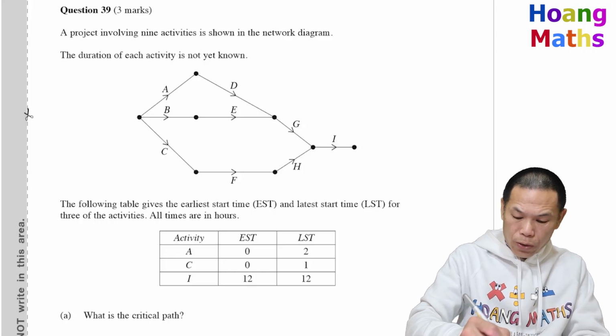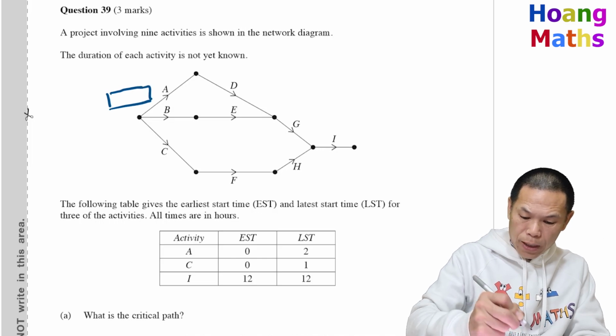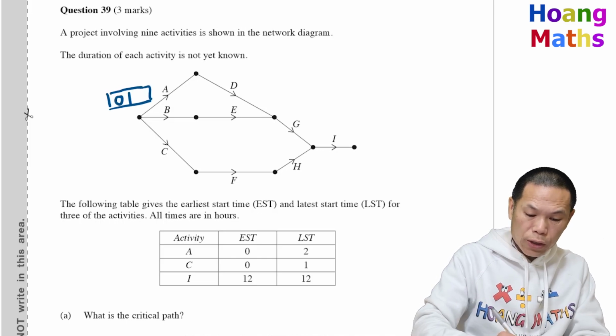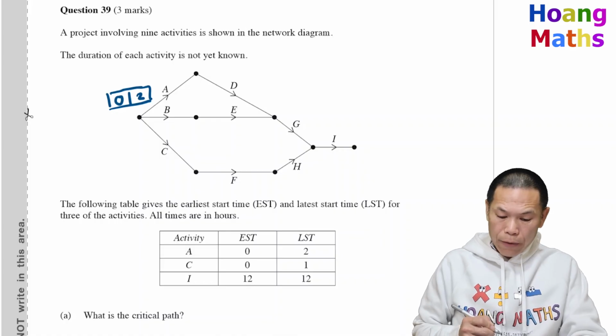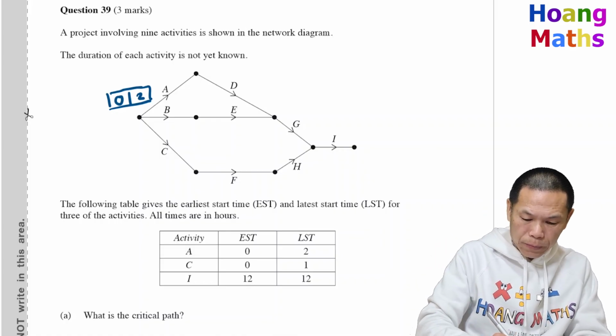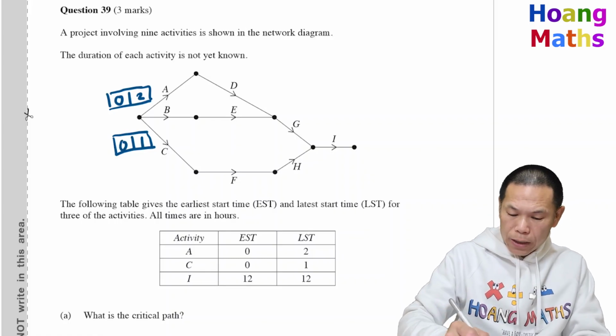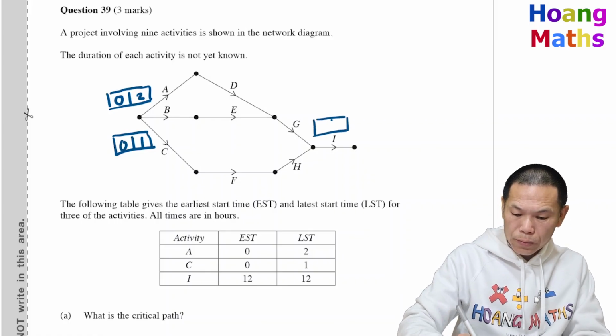So for activity A, the earliest and the latest starting time is 0 and 2. So 0, 2 here. And for activity C, we know that is 0 and 1. And then for activity I, 12 and 12.